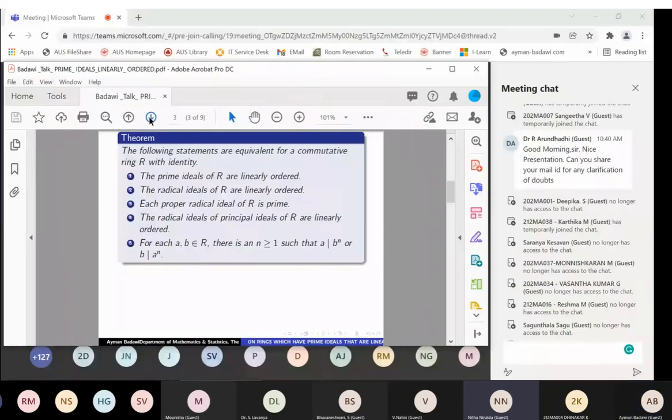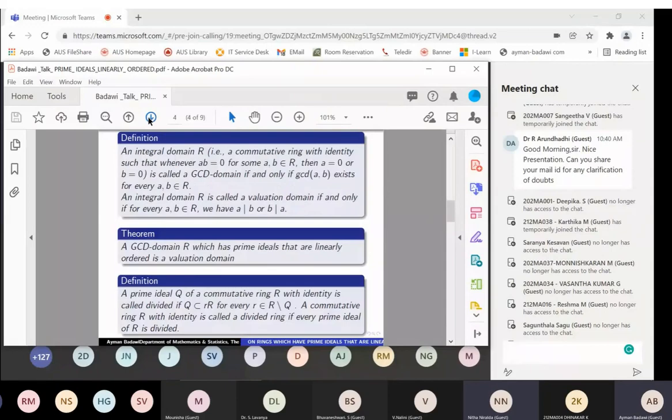Okay, so let me remind you what we mean by an integral domain R. Well, this is a reminder. It means a commutative ring with identity such that whenever the product of two elements is equal to 0, then one of them has to be 0.